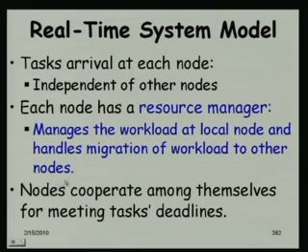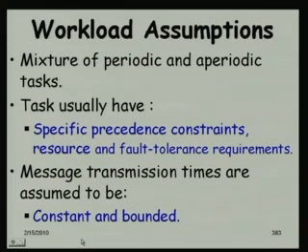And we will also assume that the nodes will cooperate among themselves, they might exchange messages, other information, they might honor requests from other nodes for migration, etc., to meet task deadlines. So, that is the basic assumption we will make as far as the system working is concerned.